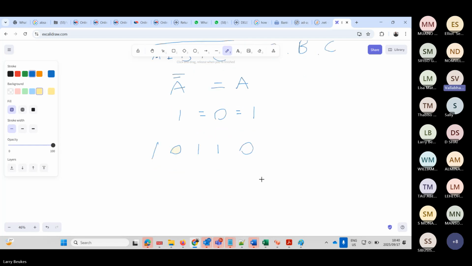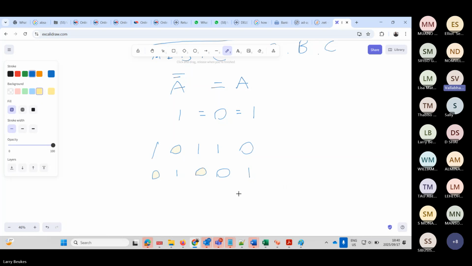Let's take a simple one. Let's say 10110. The 1's complement of this will be 01001.